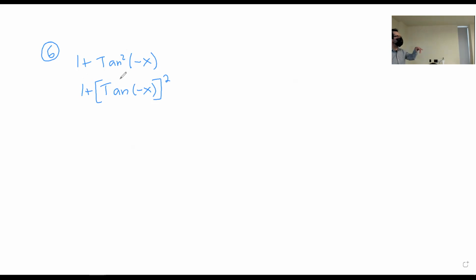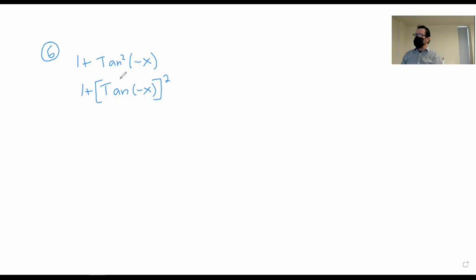Now, do you remember what we just mentioned about even and odd? Is tangent even or odd? It's odd. Remember about the even and odd functions: the only even ones are cosine and secant. All the rest are odd.